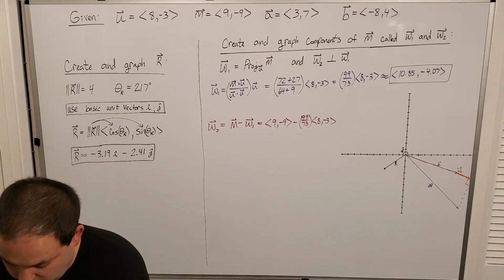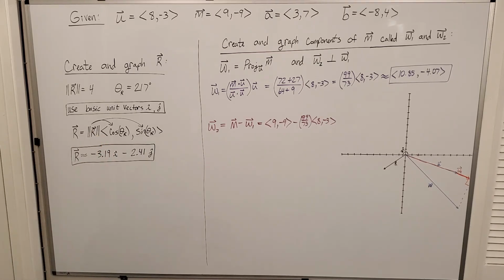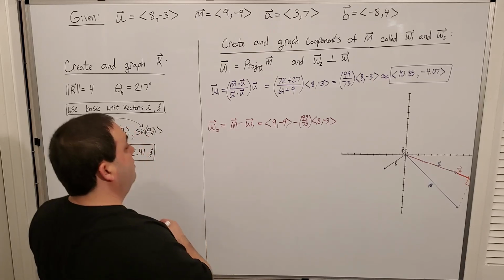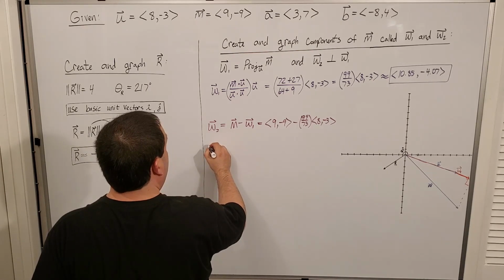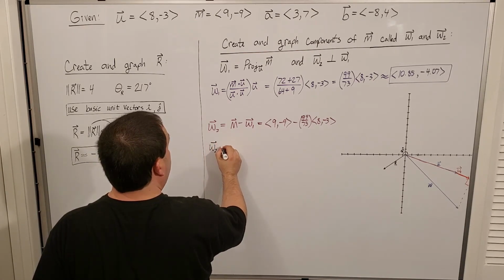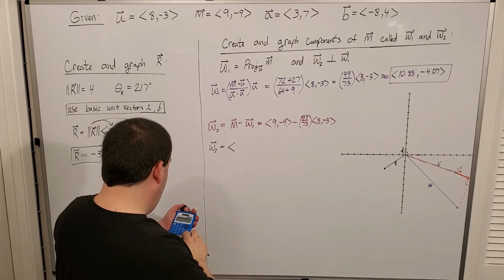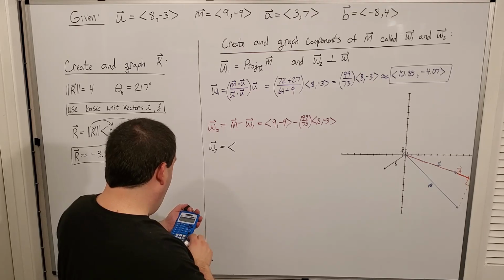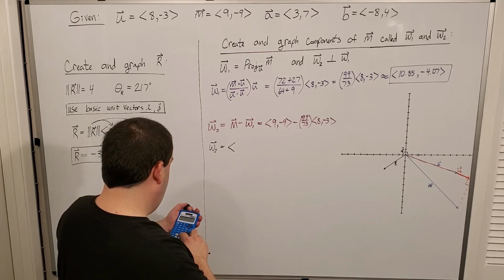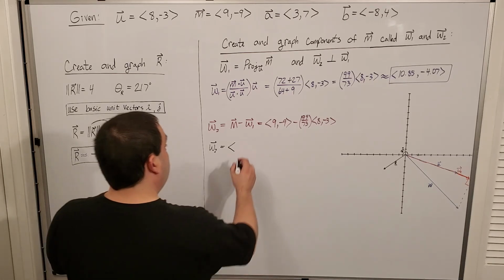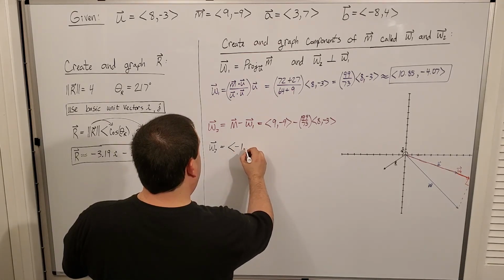Okay, so let me go ahead and write W2 beneath here. I'll go ahead and put it in darker color so you can see it better. W2 is going to be, I've got 9 minus 99 over 73 times 8. So this is going to be negative 1.85.